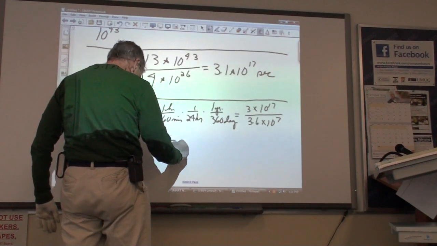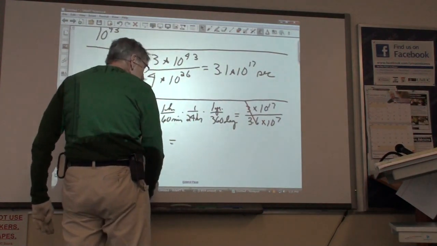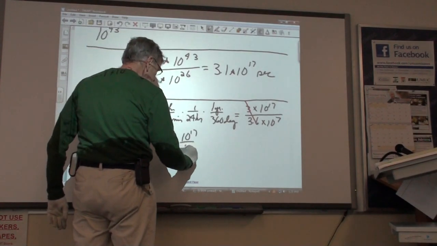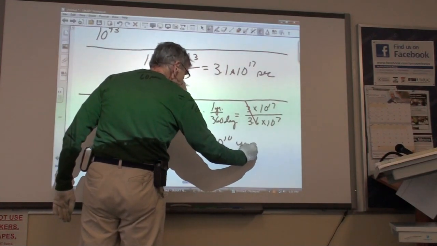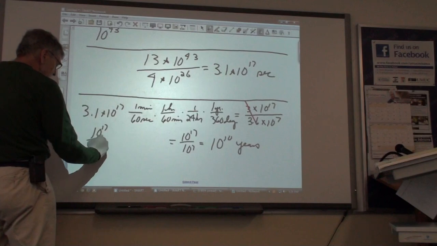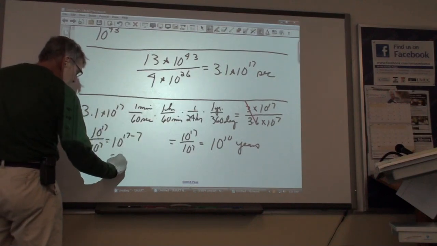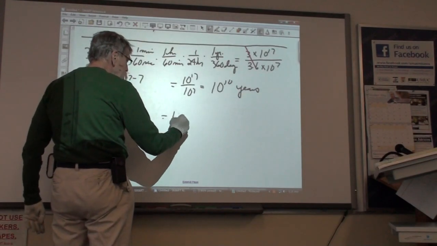So if we allow for the fact that we're only doing an estimation, we cancel out the 3 times 3 to the 6th, and we get 10 to the 17th over 10 to the 7th, which is equal to 10 to the 10th years. Because 10 to the 17 over 10 to the 7 is equal to 10 to the 17 minus 7 equals 10 to the 10th, and therefore it is equal to 10 billion years.